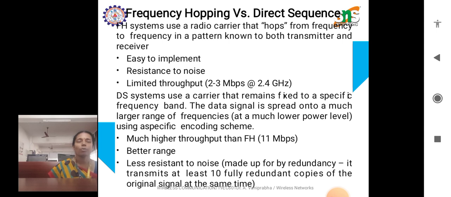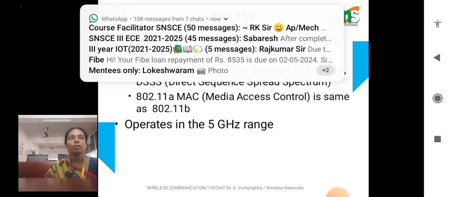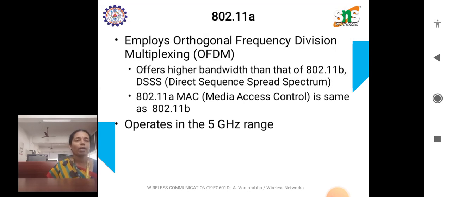This OFDM offers higher bandwidth than that of 802.11b, which employs DSS, the direct sequence spread spectrum method. 802.11a MAC, or media access control, is the same as 802.11b, which is operating in the range of 5 GHz.